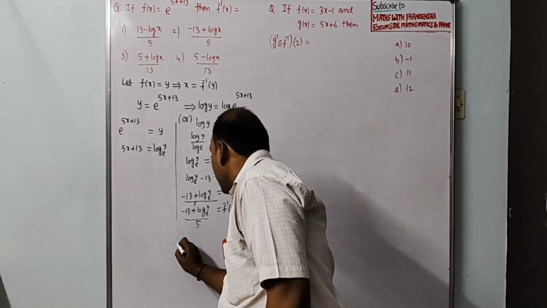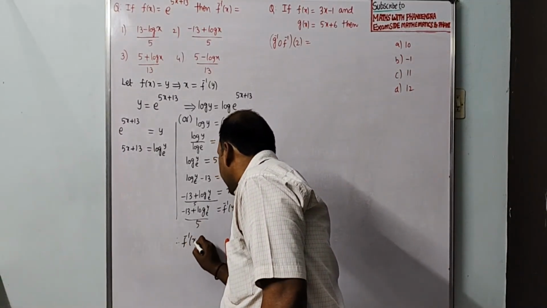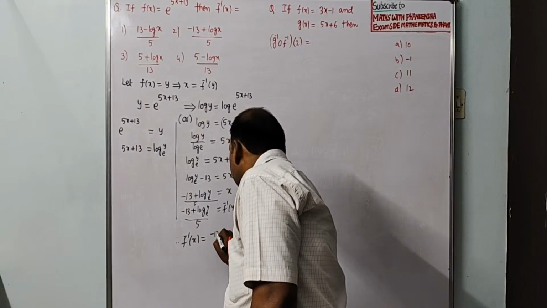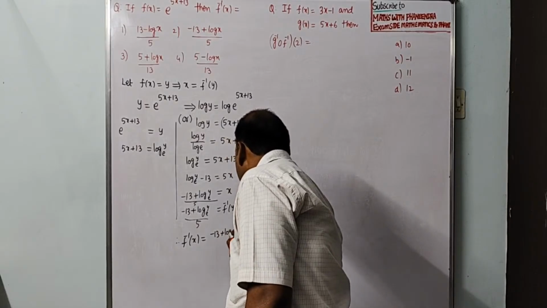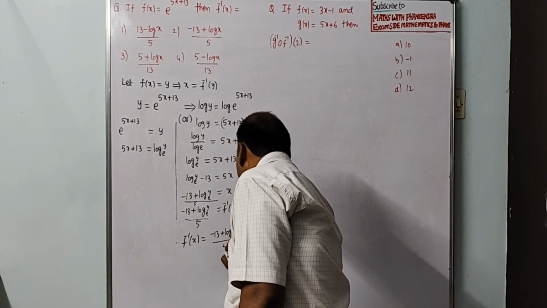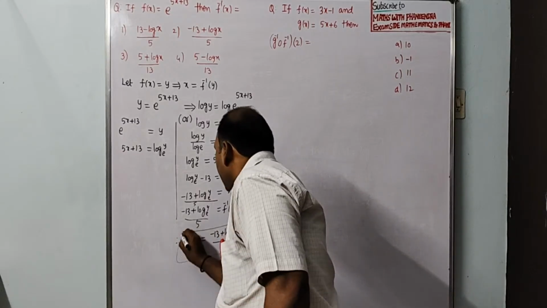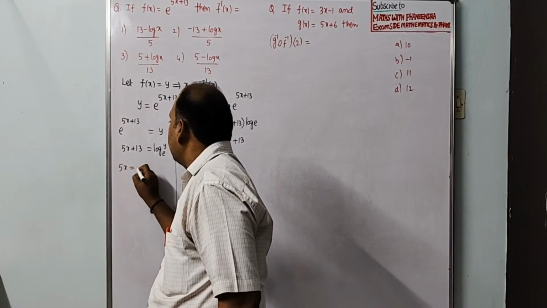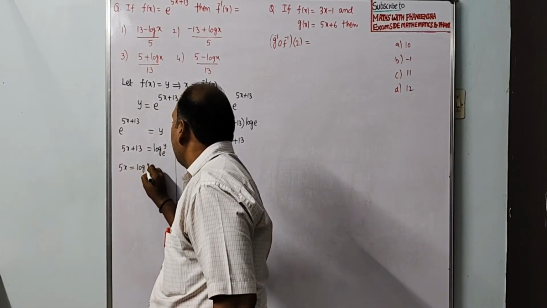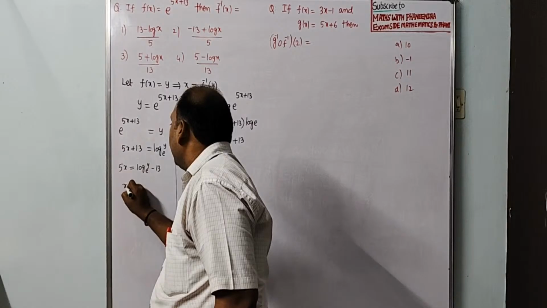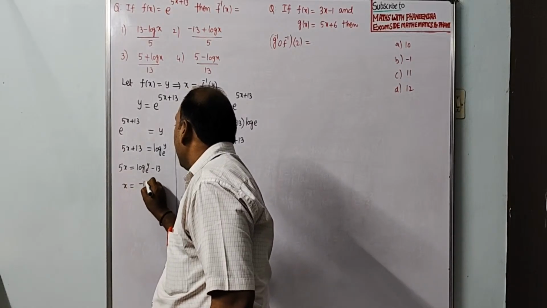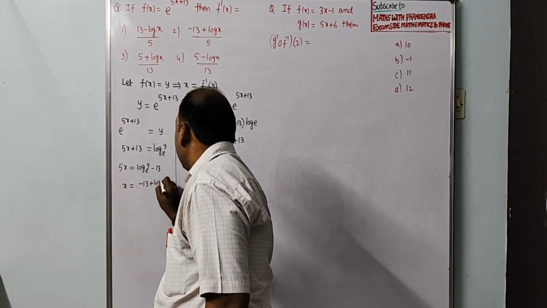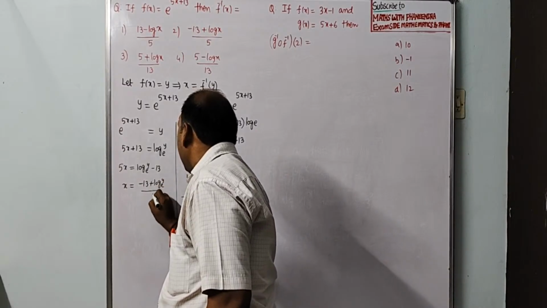So therefore conclusion, f inverse of x equal to minus 13 plus log x to the base e divided by 5. Even from here directly we write it. F of x, 5x equal to log y to the base e minus 13, x equal to minus 13 plus log y to the base e divided by 5.